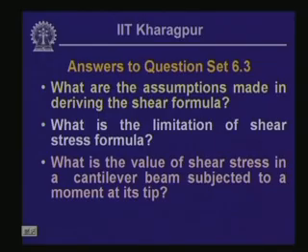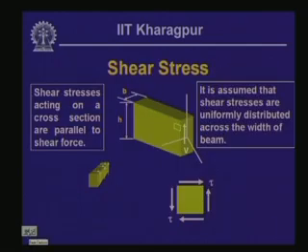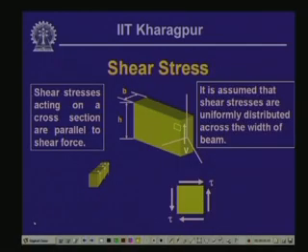The first question given was, what are the assumptions made in deriving the shear formula? As you remember, in the previous lesson we discussed how to derive the shear formula, and you had seen that we made some assumptions. At any cross section when there is a shearing force acting, we assume that the shear stress is parallel to this shear force.